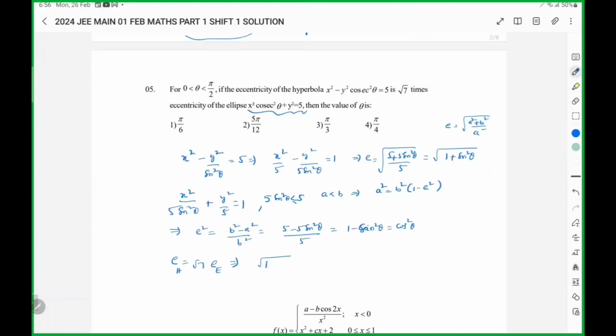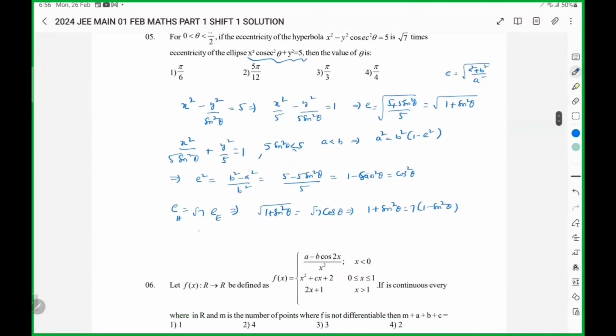Eccentricity of hyperbola is root 7 times cos theta. Squaring and simplifying, we get 8 sine square theta is 6. Sine theta plus or minus root 3 by 2. So since theta is in first quadrant, theta must be pi by 3.